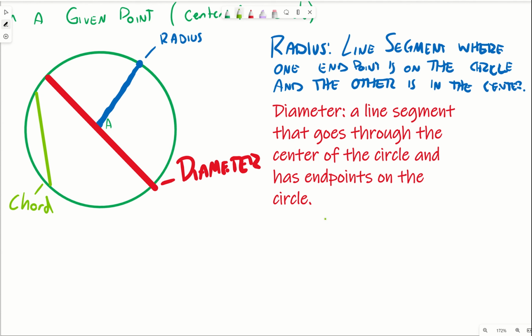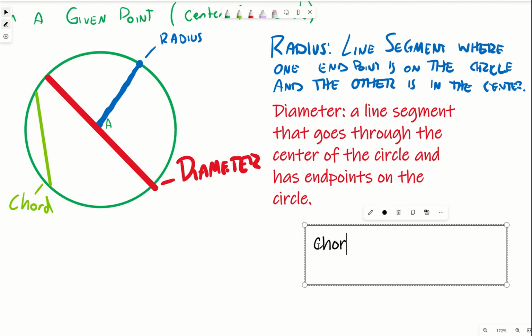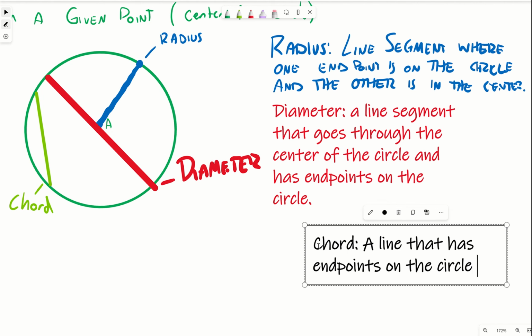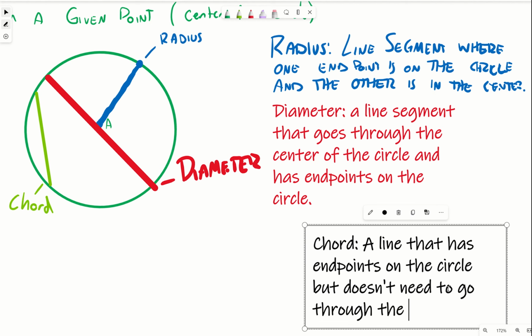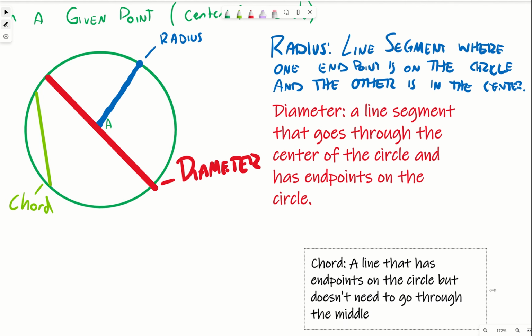A chord is a line that has endpoints on the circle, but doesn't need to go through the middle.